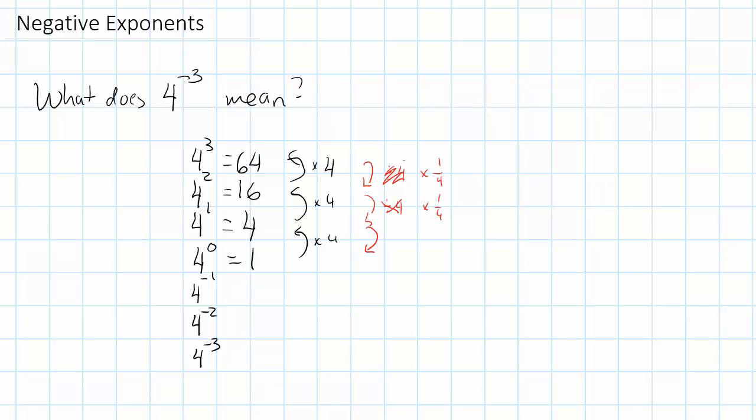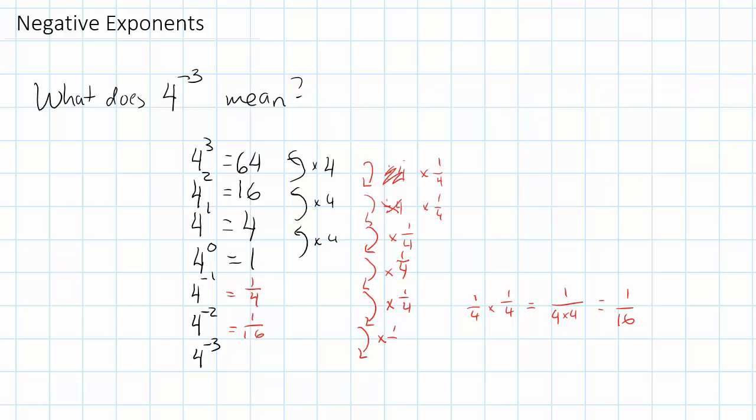So 4 times 1/4 is 1, times 1/4 again, that's going to be 1/4. Times 1/4 again, 1/4 times 1/4 is 1 over 4 times 4, that's 1/16.